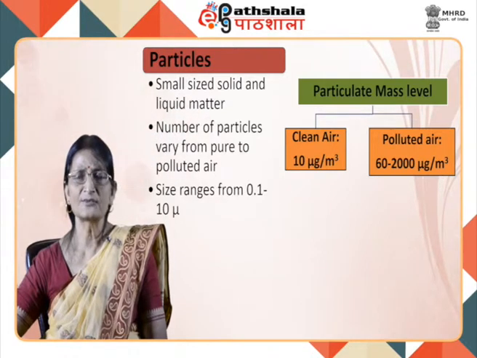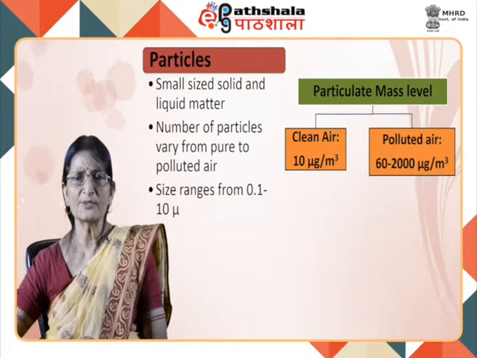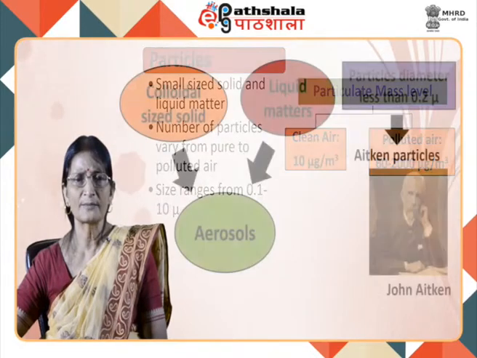And the sizes of these particles range from 0.1 to 10 micrometers. Particulate mass level can range from 10 microgram per cubic meter in cleaner air to 60 to 2000 microgram per cubic meter in polluted urban areas.